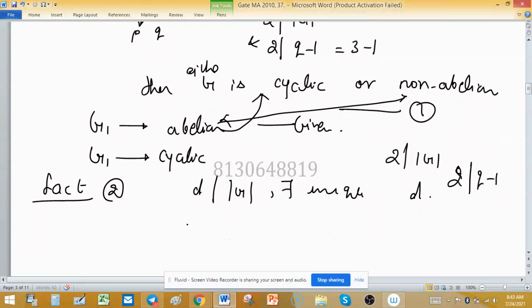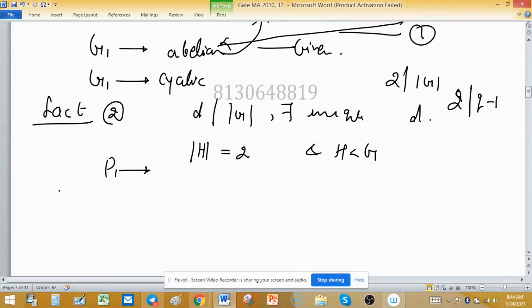So G has a subgroup H of order 2. So the statement P1, which says G1 has a unique subgroup of order 2, is a true statement.